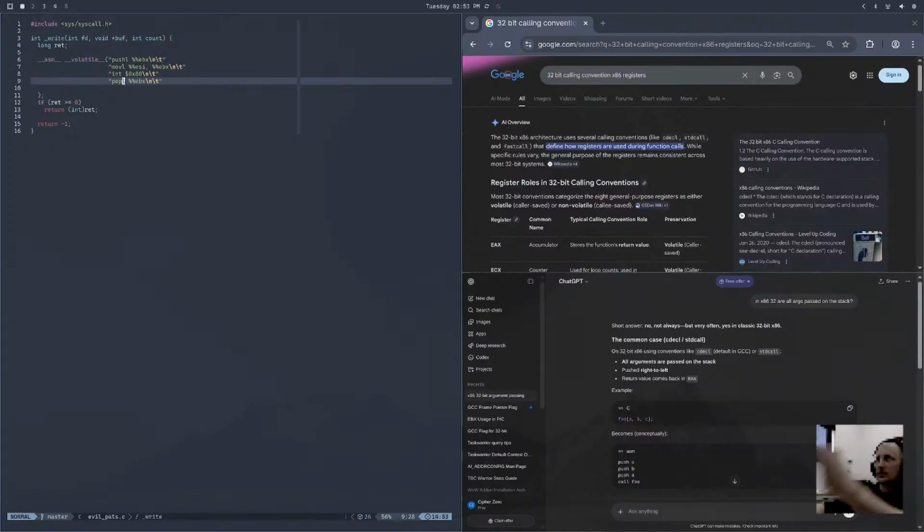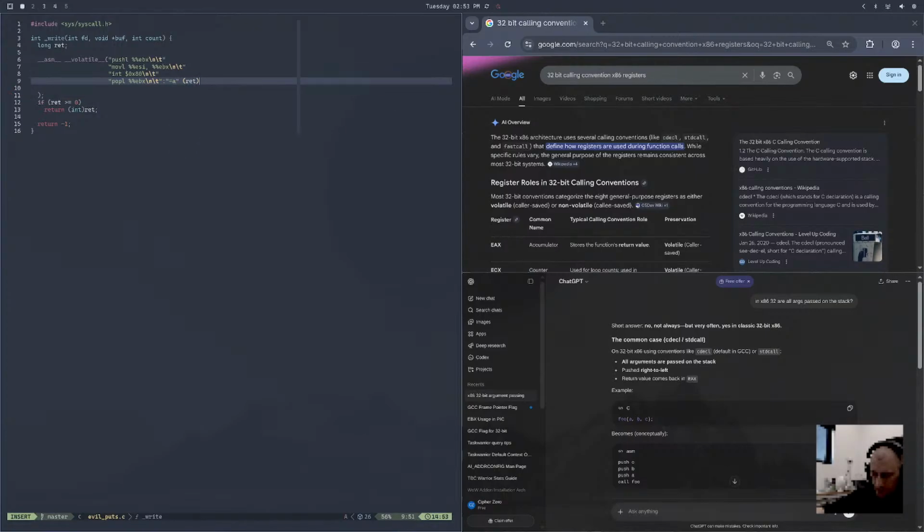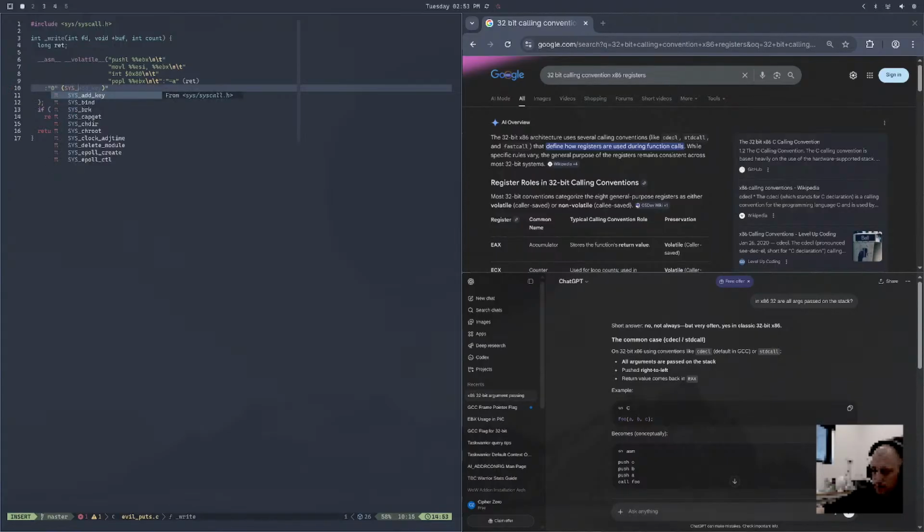I don't know the syntax really. Colon equals A, and then we say ret, and then colon 0 is sys write.